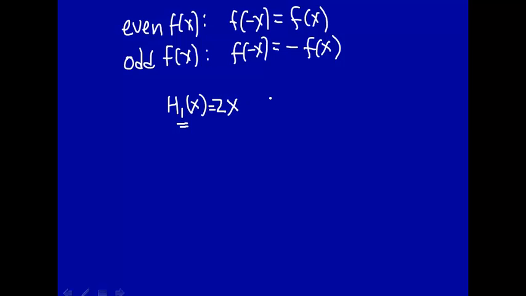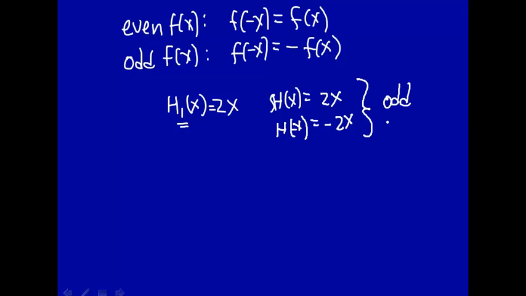So let's just do that. Let's put H of x, sorry. H of x is equal to 2x. H of minus x is equal to, we replace x with minus x, minus 2x. So this is an odd function.